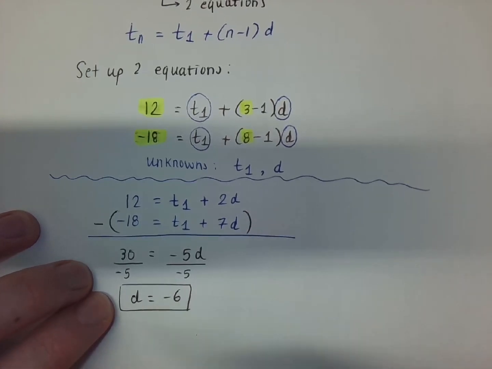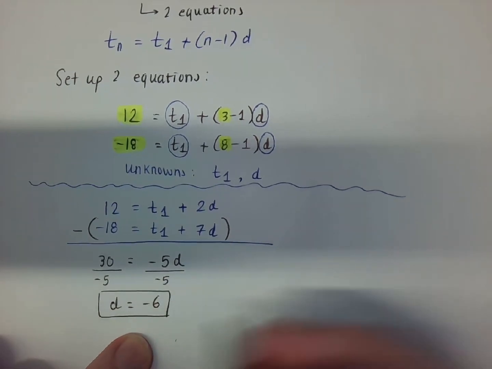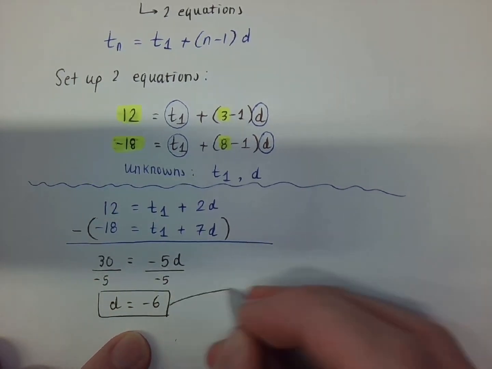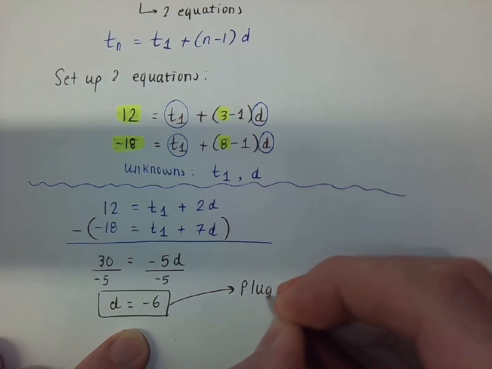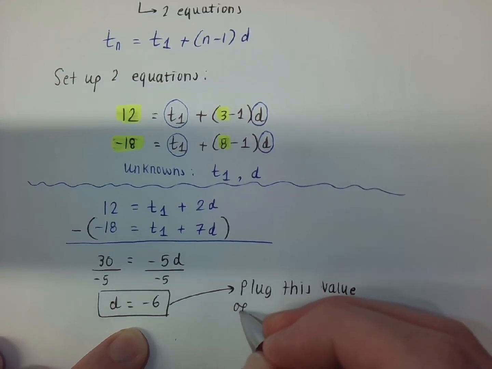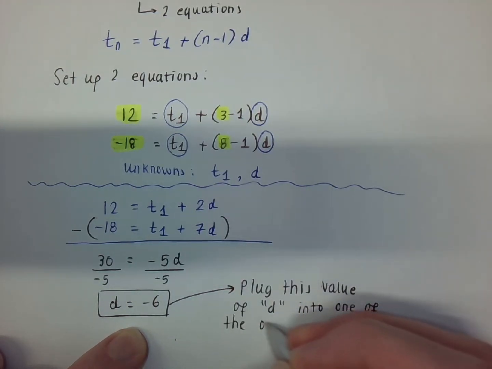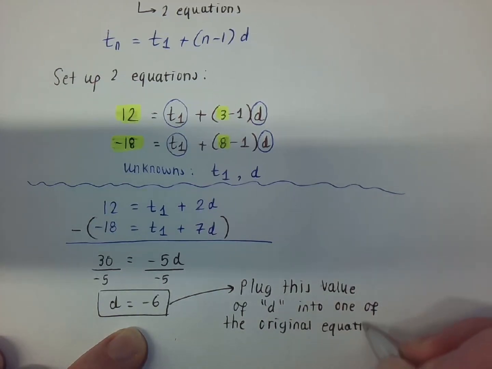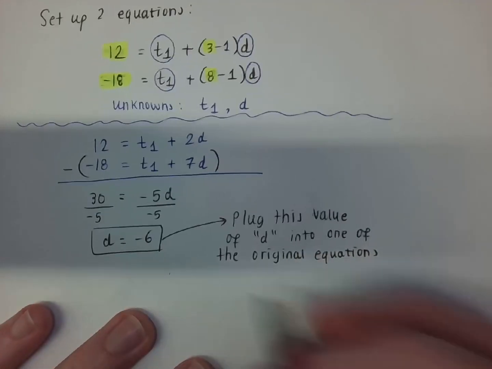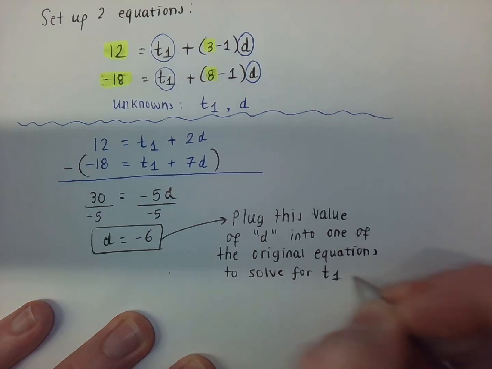And then same thing as in chapter 9. Once you have that one value, you can plug this value of d into one of the original equations to solve for T1.